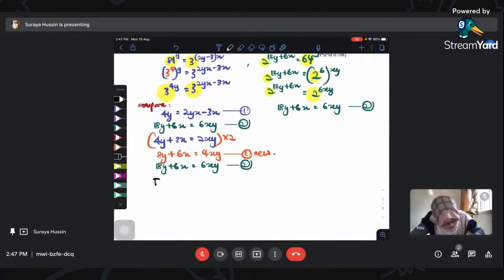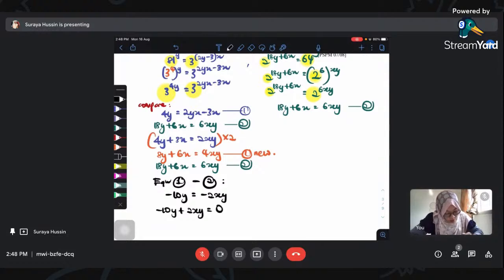So equation 1 minus equation 2, I will get negative 10y equals to negative 2xy. Okay, and so I will get negative 10y plus 2xy is equals to 0.